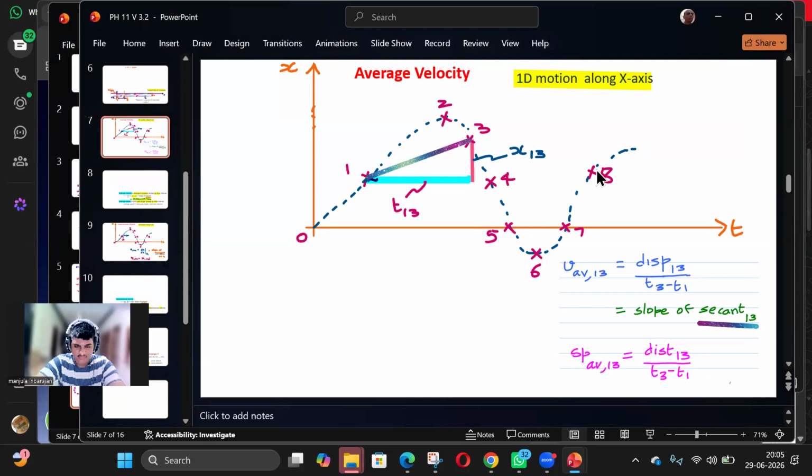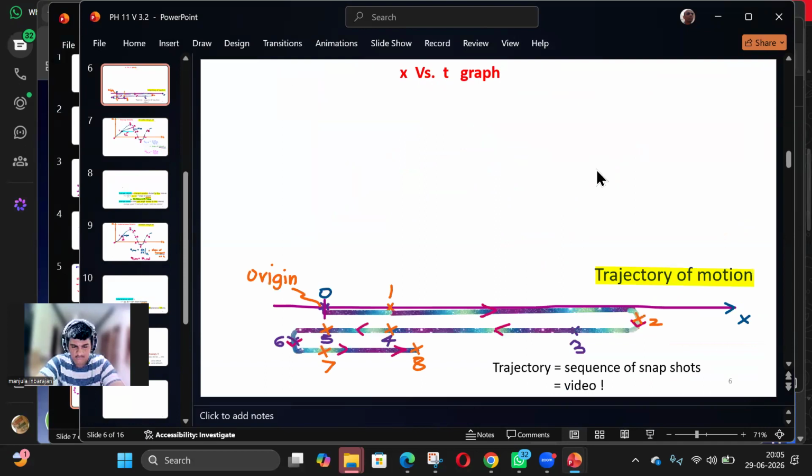For this curve, if you have to get the trajectory, I just have to squash this curve on the x-axis. It will look like this.